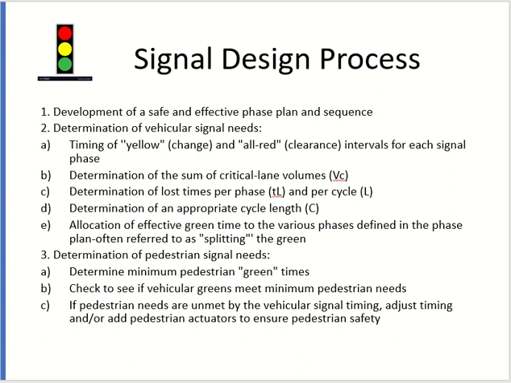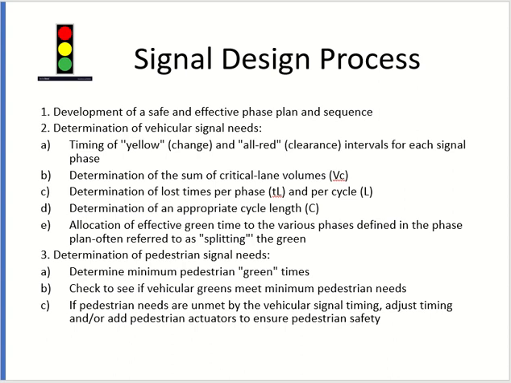So you have three phases. Each phase will have its own critical lane. You will have three critical volumes, one for each phase, and the final value is the summation of all these three. Got it? Clear?